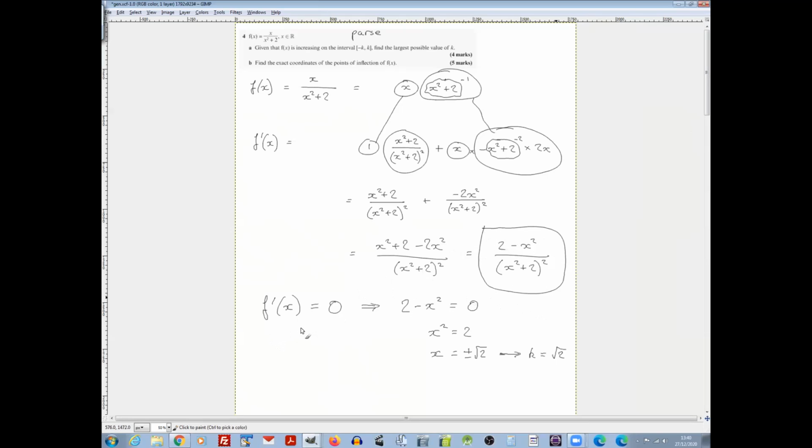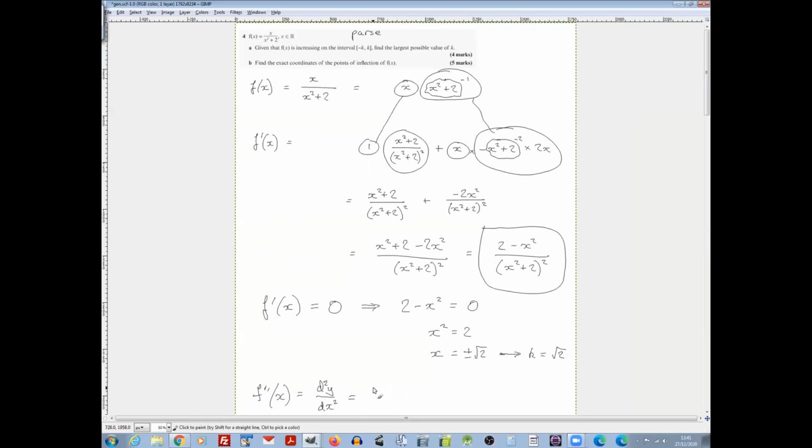But now to find f double dashed of x, the second derivative, we can use two dashes there to mean that. By the way, the other notation we used is d squared y over dx squared. They both mean the second derivative.